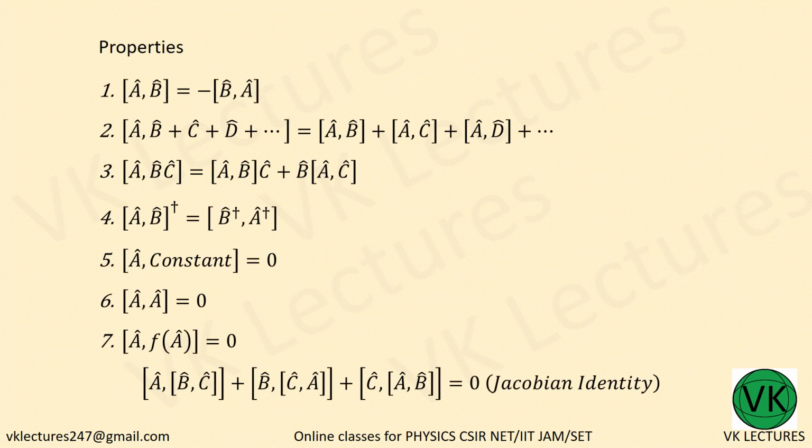Before going to the problems based on Poisson brackets, here are some properties of quantum commutators. [a, b] commutator is minus [b, a], and [a, b + c + d + etc.] is equal to [a, b] plus [a, c] plus [a, d] etc. Now [a, bc] is [a, b]c plus b[a, c]. Then ([a, b])† is [b†, a†].